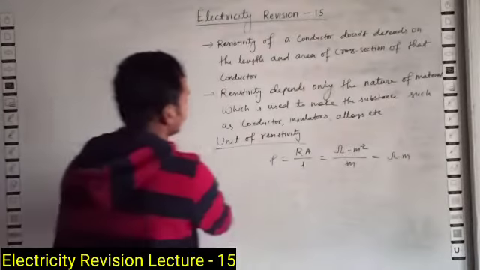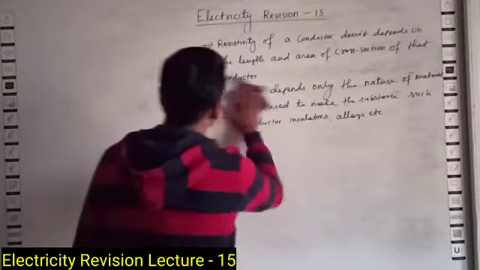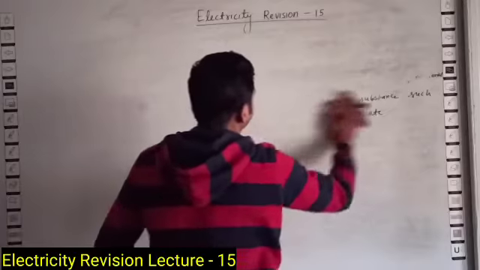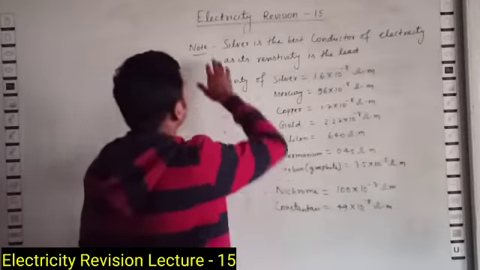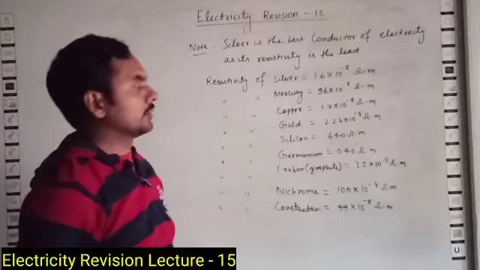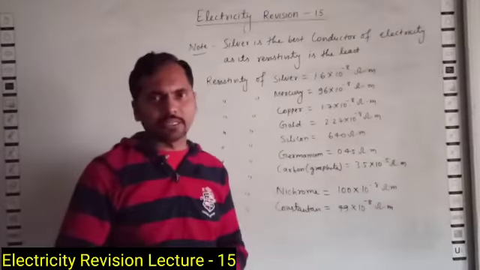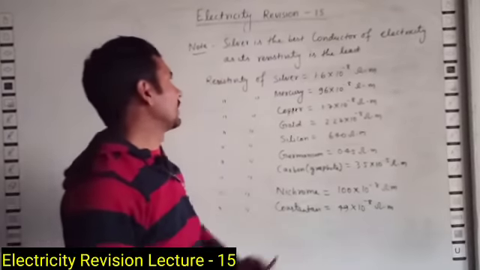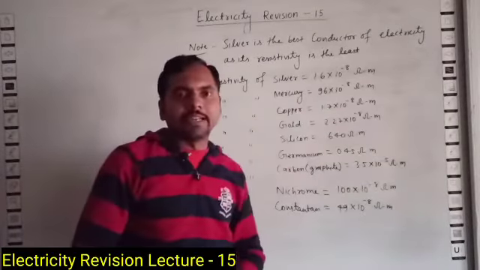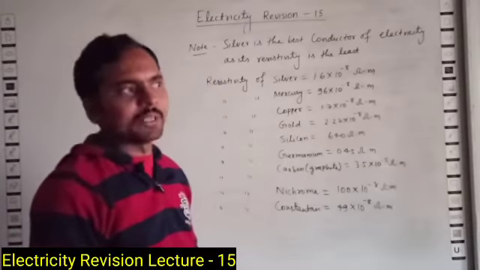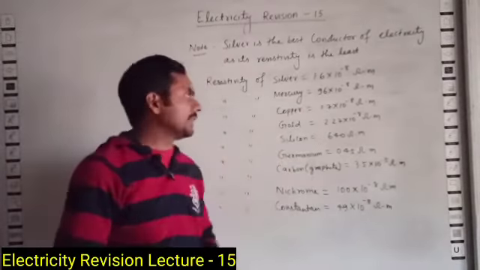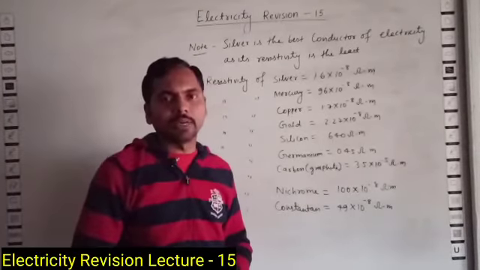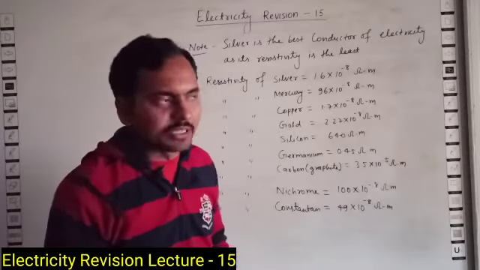Now we have the values of the resistivity of some substances. Let's note them down. Dear students, in your notes write that silver is the best conductor of electricity and its resistivity is the least, 1.6 into 10 to the power minus 8 ohm meter, while the resistivity of mercury is more, 96 into 10 to the power minus 8 ohm meter.